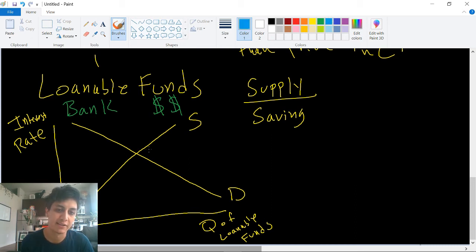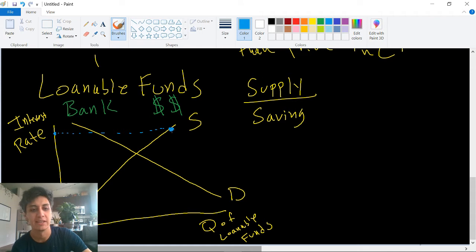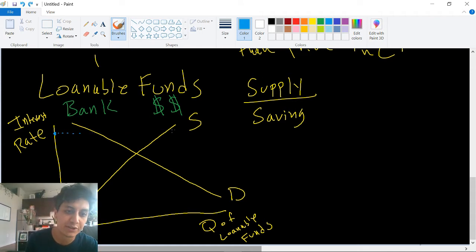They can loan it to other people, which is represented right here by this supply, right? It's also savings, which means if you think about it this way, if the interest rate is really high, we're going to want to save. If there's a 20% interest rate, you're going to want to put your money in the bank to capitalize off of that interest rate. And if the interest rate is very low, there's little incentive to put your money in the bank.